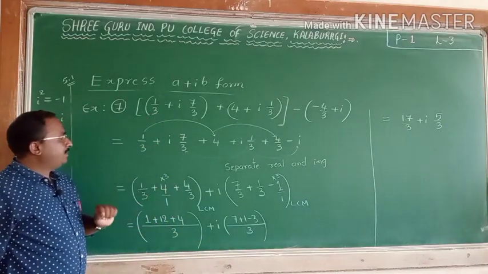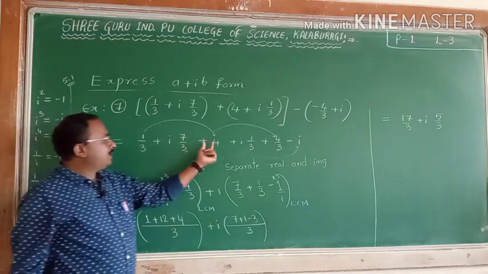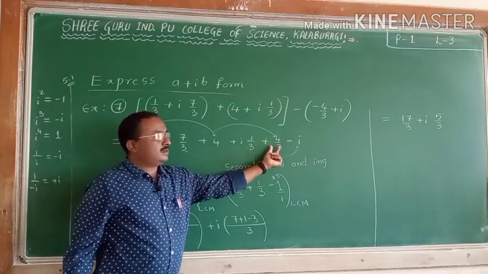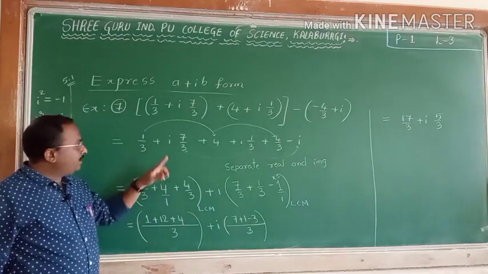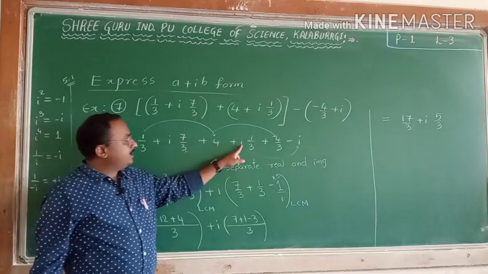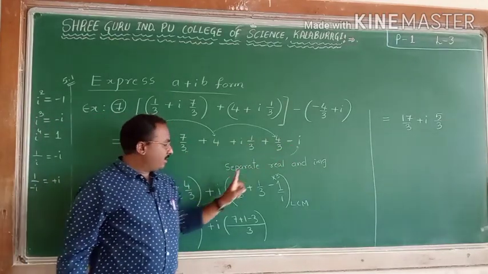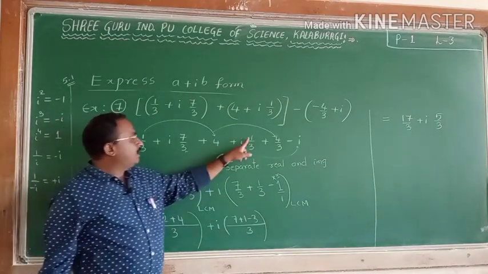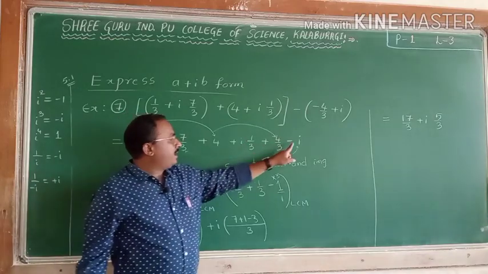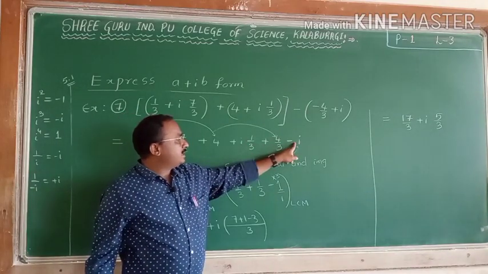Separate real and imaginary parts. These three are the real part. Imaginary parts, taking i common. Here 7 by 3, here 1 by 3. Taking i common, in this place what is it?